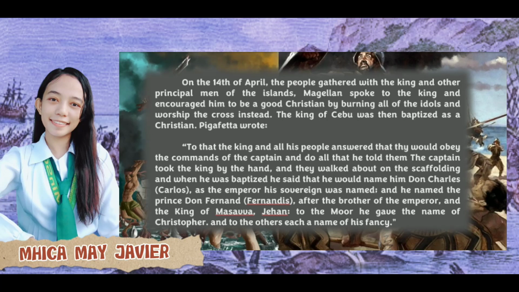The captain took the king by the hand, and they walked about on the scaffolding, and when he was baptized, he said that he would name him Don Charles or Carlos, as the emperor his sovereign was named, and he named the prince Don Ferdinand after the brother of the emperor, and the king of Masaba, Jehan. To the Moor he gave the name of Christopher, and to the others each name of his fancy.